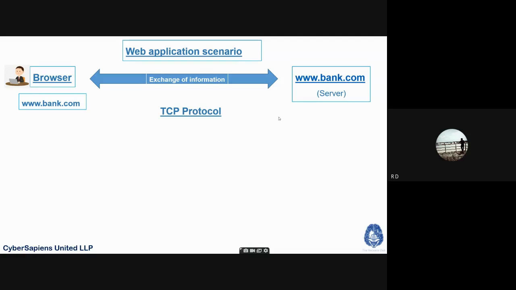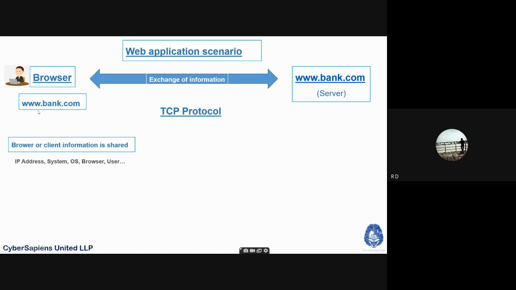Okay, coming back to our scenario. TCP is used and an exchange of information happens. The browser gives some information to the server, and the server gives some information to the browser. The browser or client information shared is the IP address, system details, operating system, which browser, and session details of the user; cookies are shared.